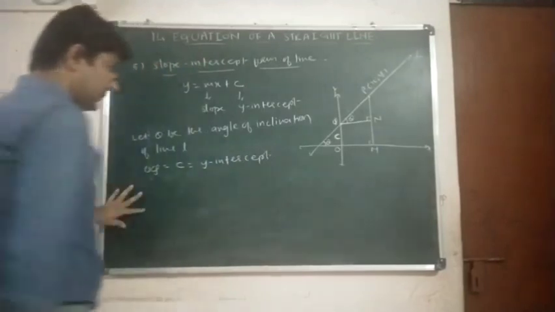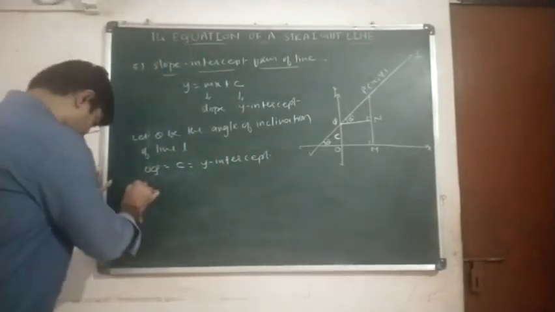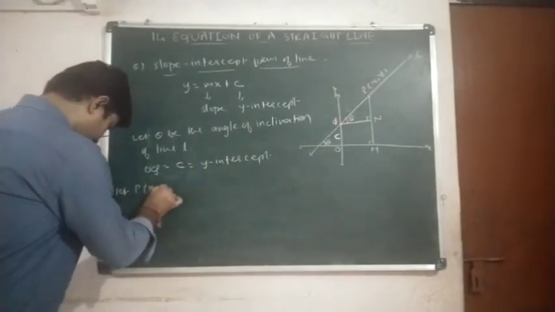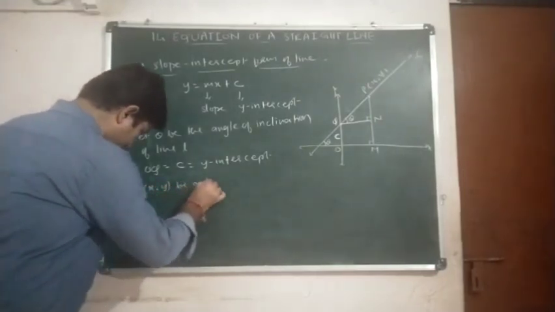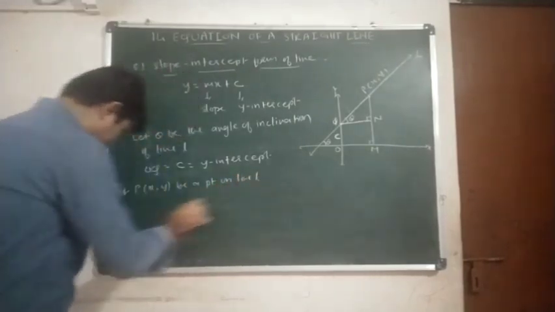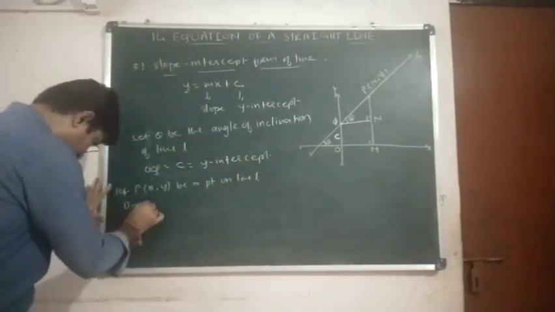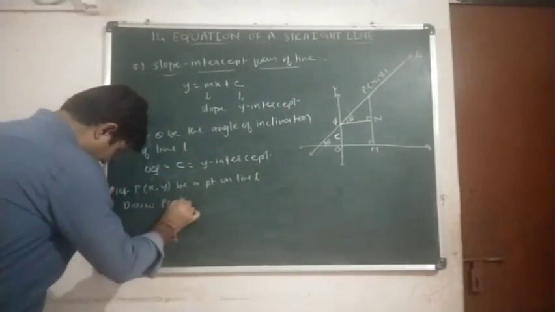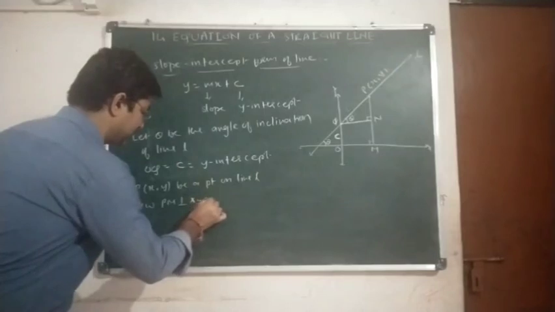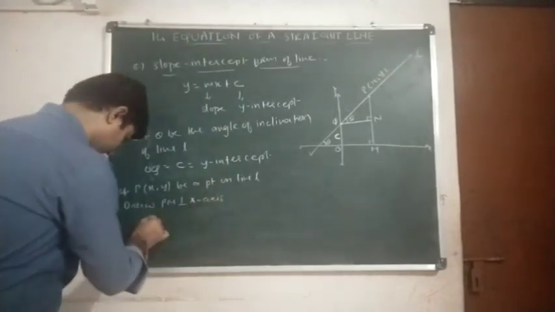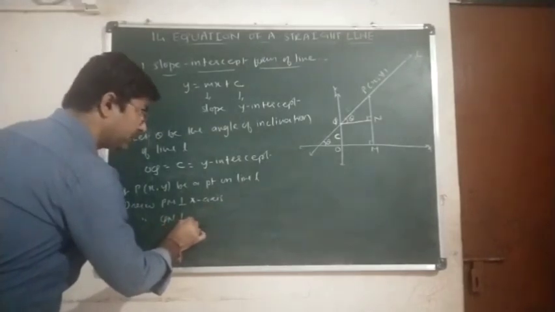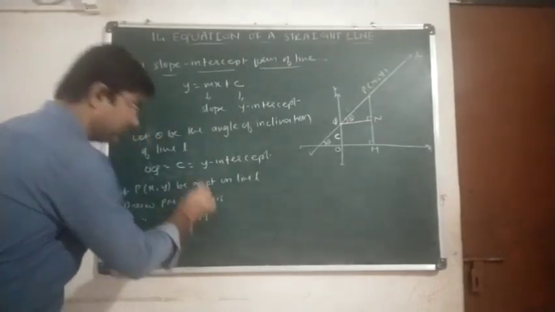Clear? Let P(x, y) be a point on line L. Now we will draw PM perpendicular to the x-axis and QN perpendicular to PM. Clear?